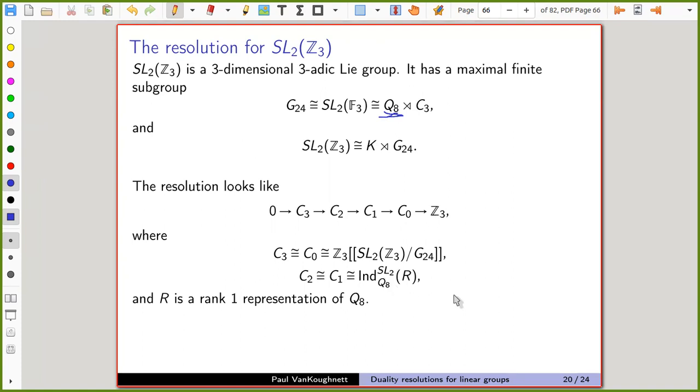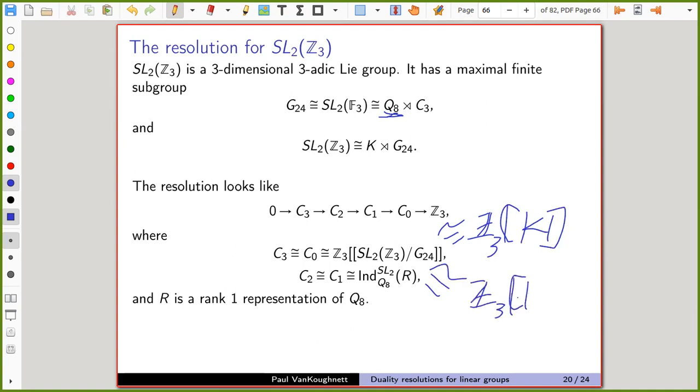Part of the point here is that if we forget this resolution down to a resolution of K modules, these outer terms just become isomorphic to Z3 double brackets K, and the inner terms are isomorphic to Z3 double brackets K cubed. So the ranks of the things appearing are exactly the homologies of K.